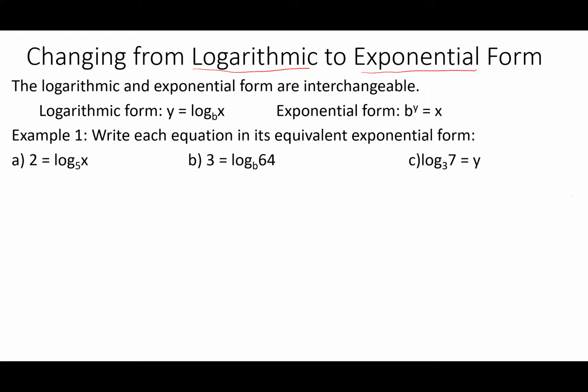So if your equation is in logarithmic form, y equals the log base b of x, that can become exponential form, b to the y equals x. So when I look at a here, I can see that my 2 is my y, log base b, so 5 is my b, of x, so x is my x, right?